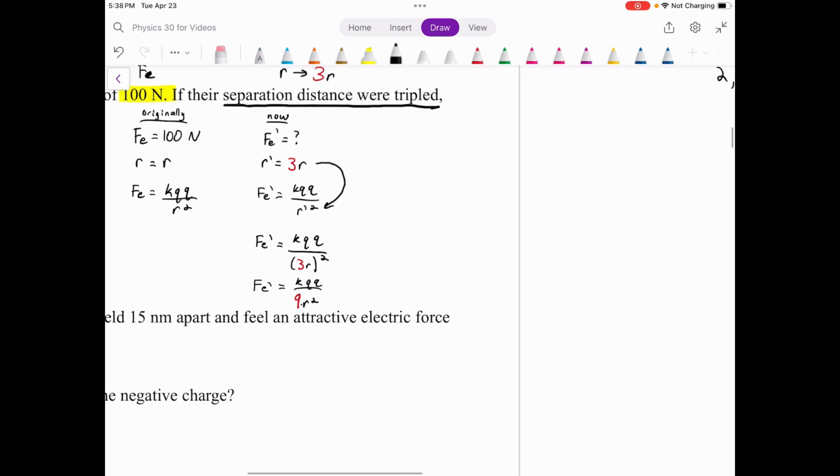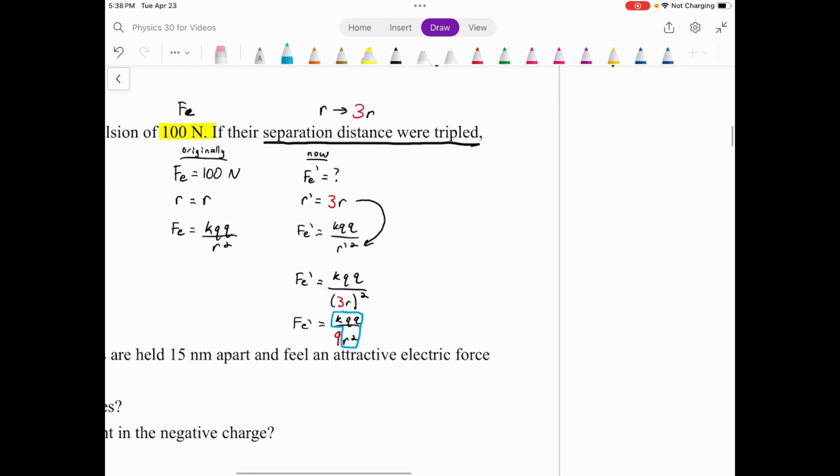To really drive the point home, look, what's KQQ over the original R squared? Well, it's just the original electrostatic force. So what we're literally saying here is that the new electrostatic force is the original electrostatic force divided by 9.